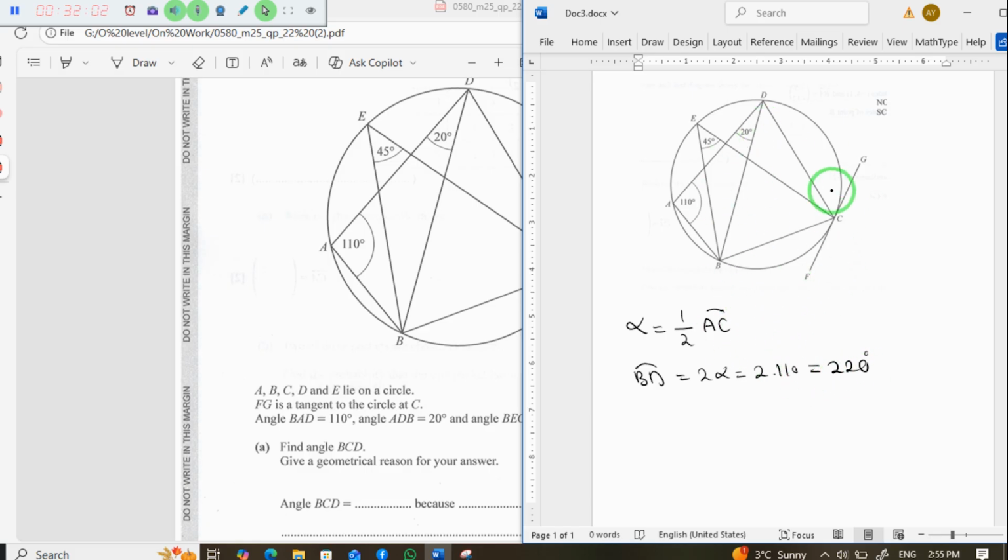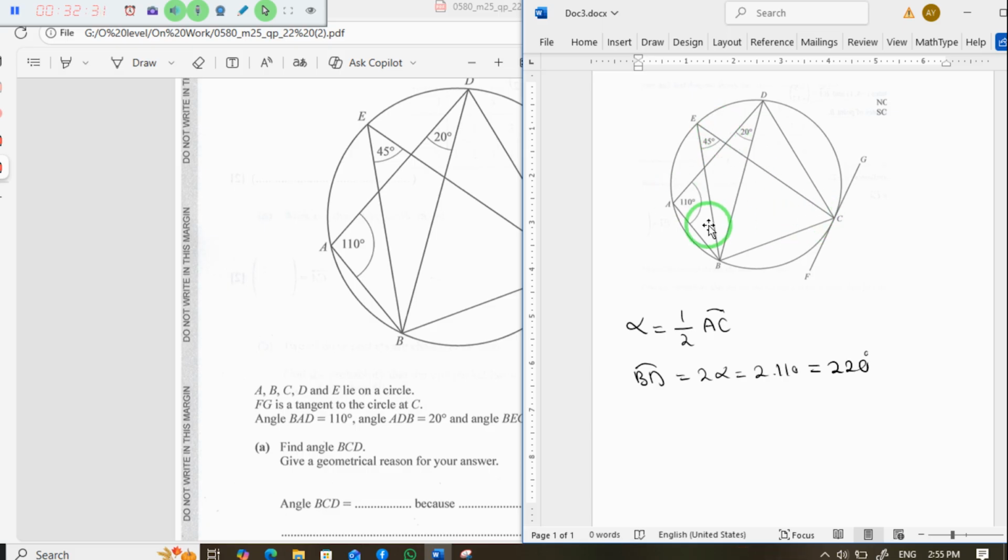Around one point, the complete circumference of a circle is 360. Then we can find the angle BCD. We find this arc first, and after that we can find this value.